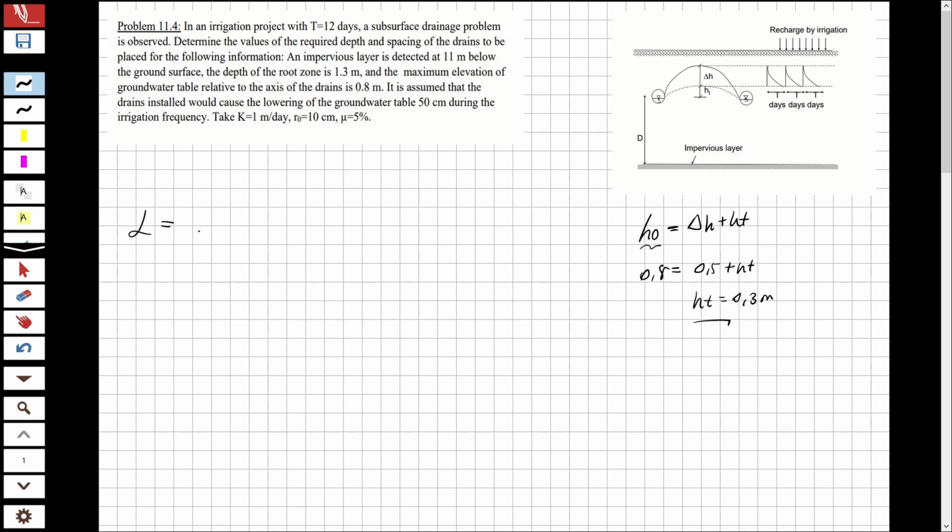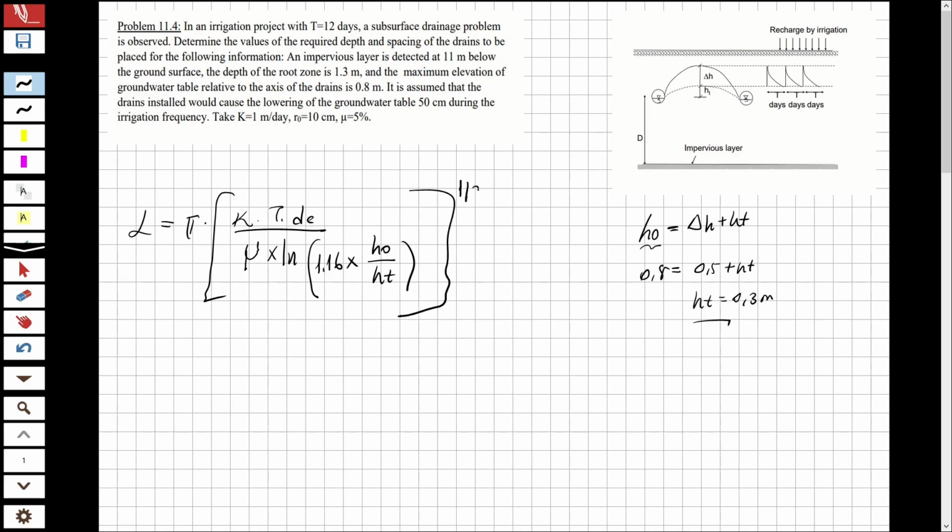L equal to pi multiplied K, t, de, the equivalent depth, over mu, multiplied ln 1.16 multiplied H0 over Ht, and this to the power 1 over 2. So now the formulation is this.